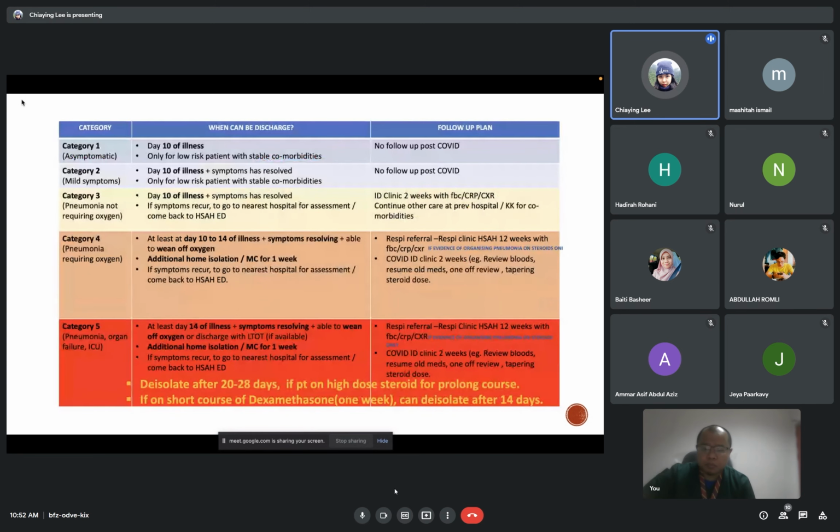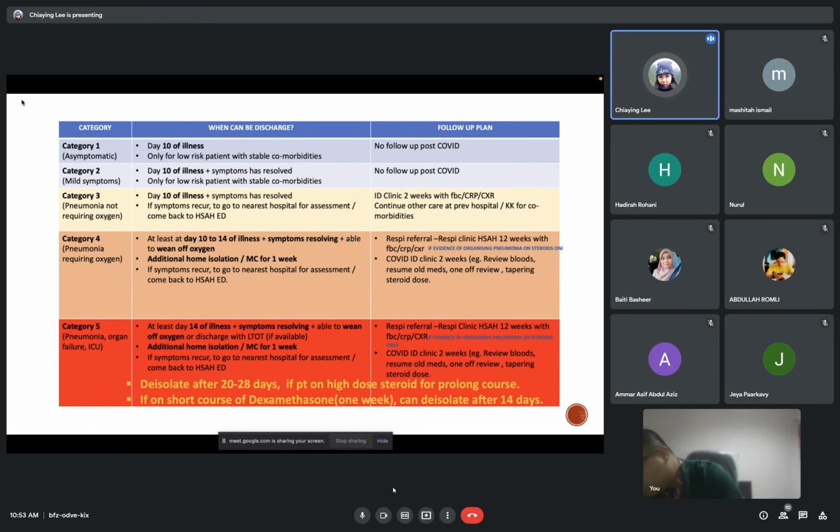Okay. So here's a table on how we discharge patients for Cat 1 to Cat 3. We can discharge the patient on day 10 of illness. Cat 1, Cat 2, you don't have to follow up post-COVID. But Cat 3, the one with pneumonia, we need to TCA 2 weeks in the ID clinic.